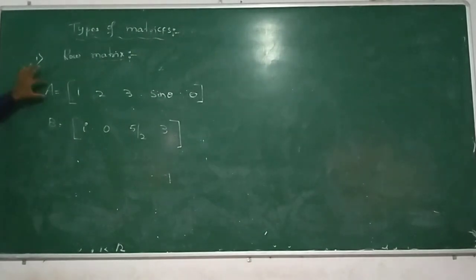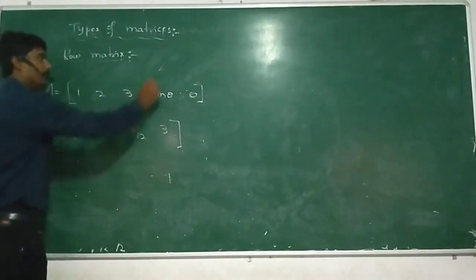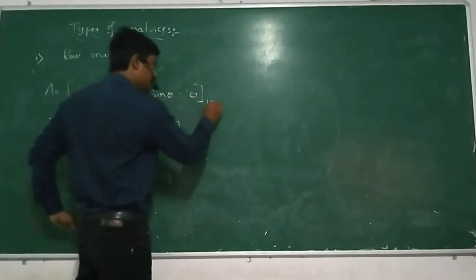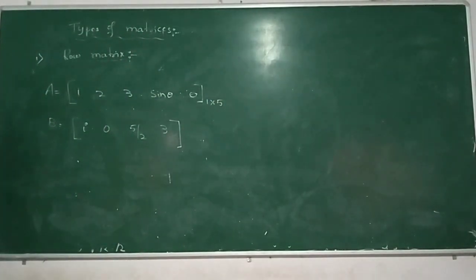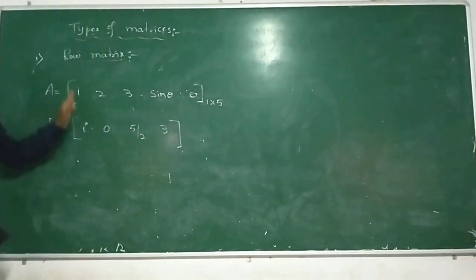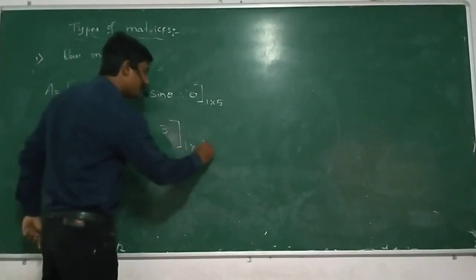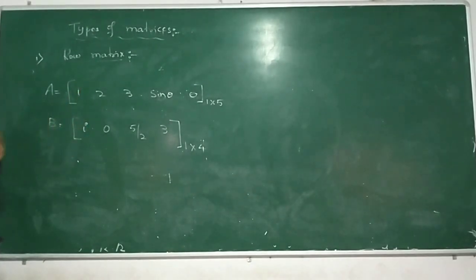If I ask you to write down the order of the first matrix, capital A, you are now in a position to write it. It contains one row and 5 columns, so the order is 1 by 5. If you take the second matrix B, again there is only one row, and there are 4 columns. What similarity are you finding between the first matrix and the second matrix?